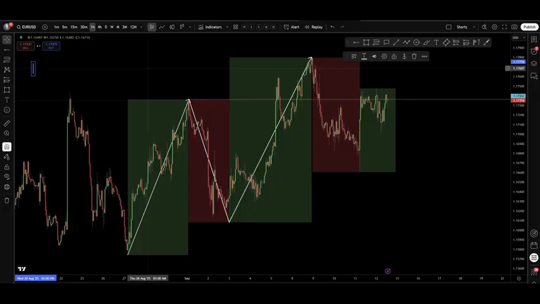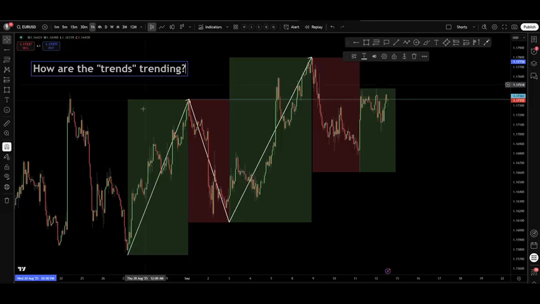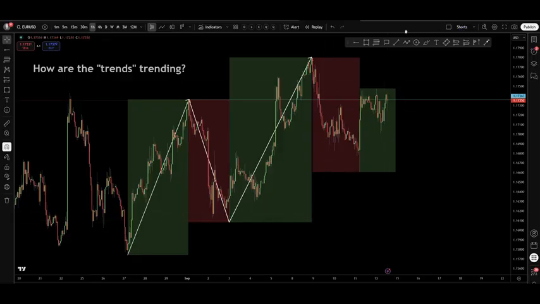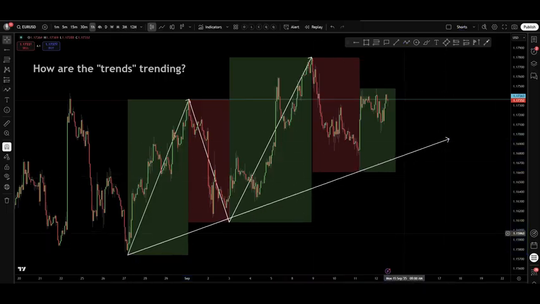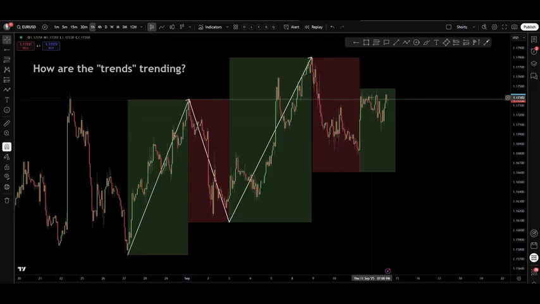I want to analyze or understand how the trends are trending. And they are trending like this. They're uptrending. They're making higher lows. But my trends in and of themselves are just ranges also.